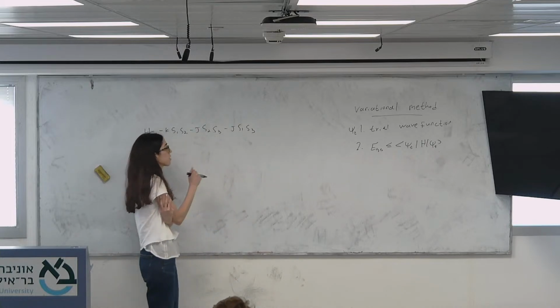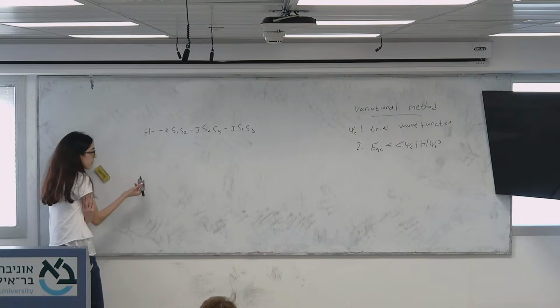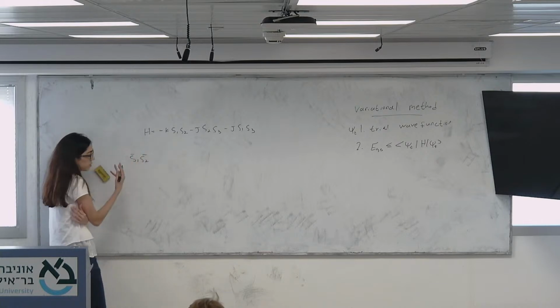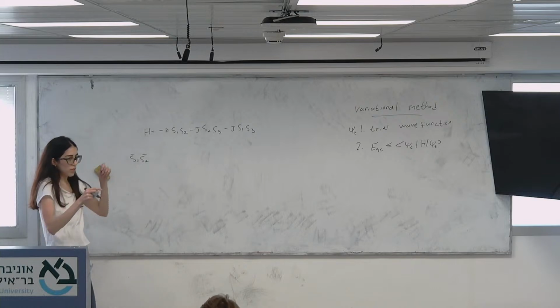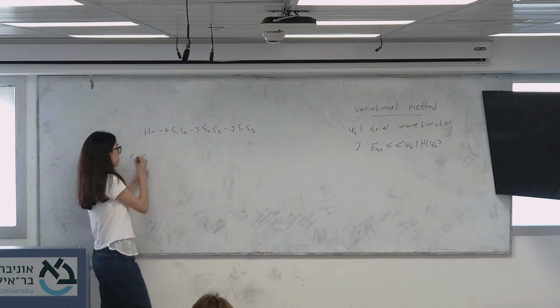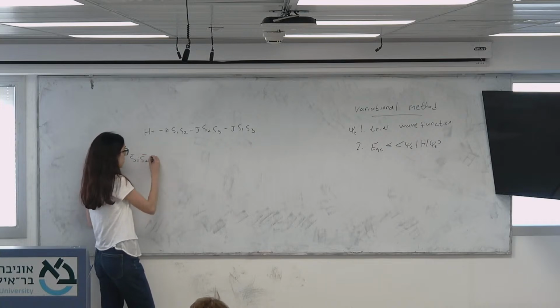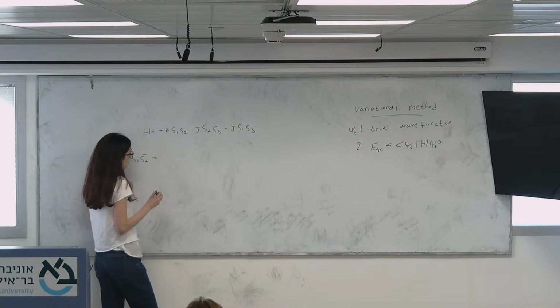But basically, if you want to do that, instead of doing the addition of angular momentum, you can write the actual product of S1 and S2 or any other couple.